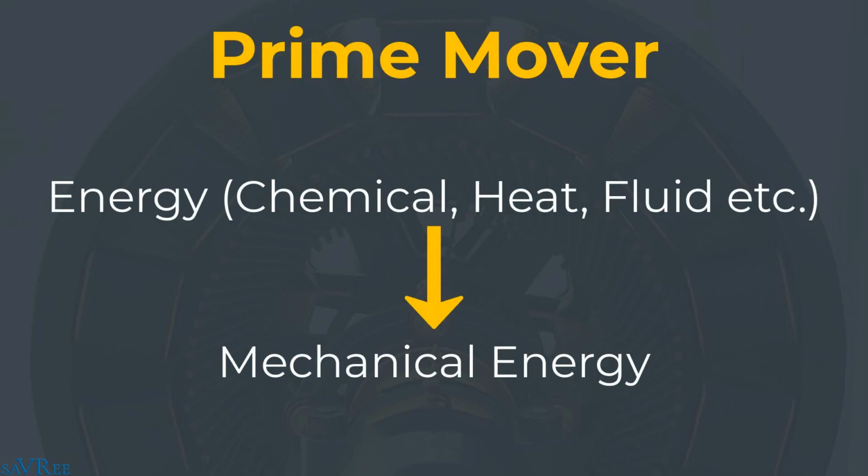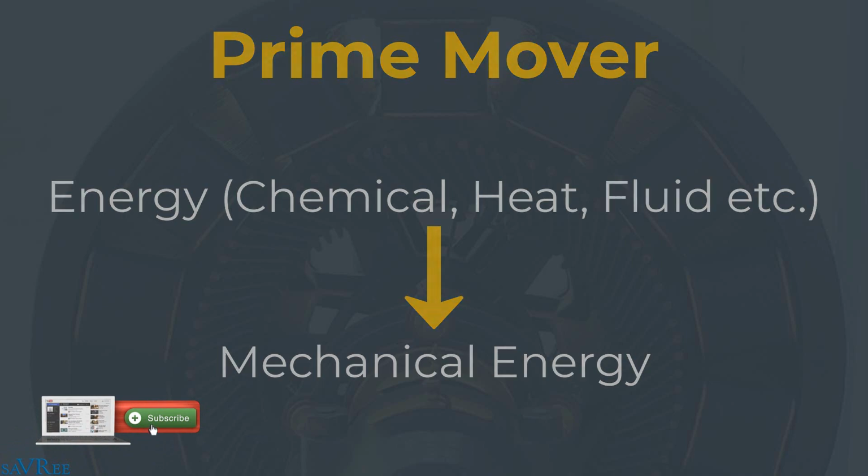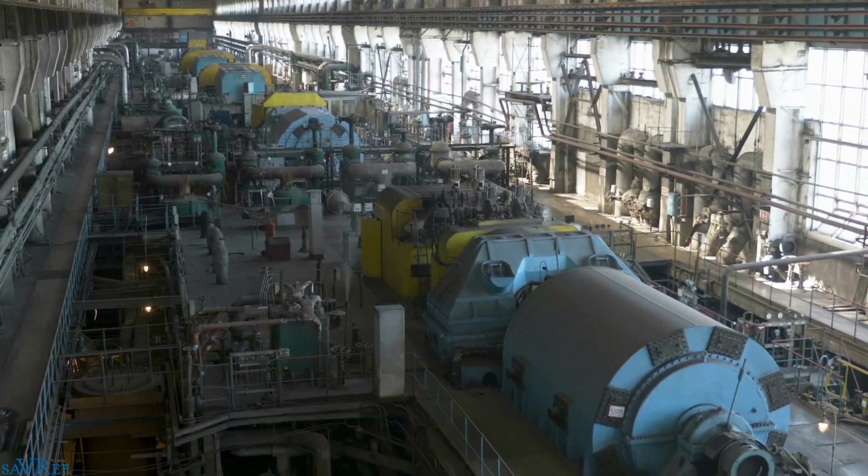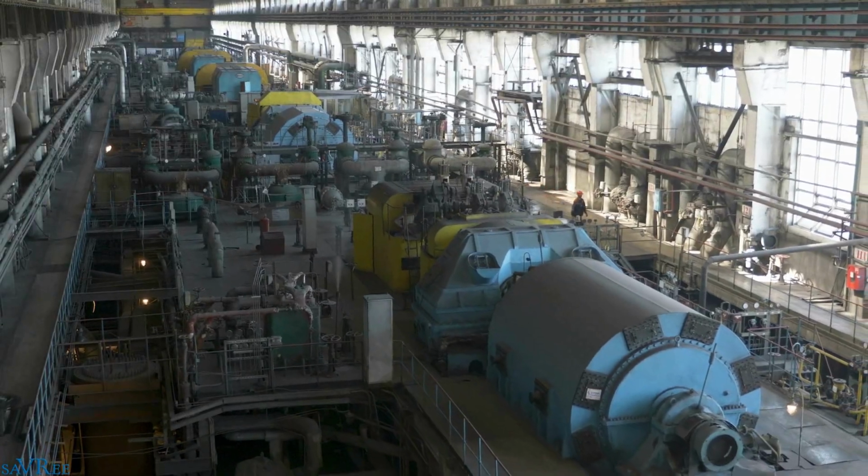The most important thing is that whatever energy we have at the start of the process, whether it be heat from steam or chemical energy from fuel, we're able to convert that energy efficiently and pass it on to our electrical generator.